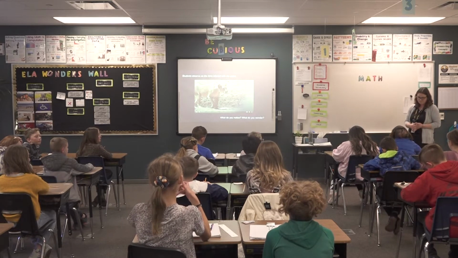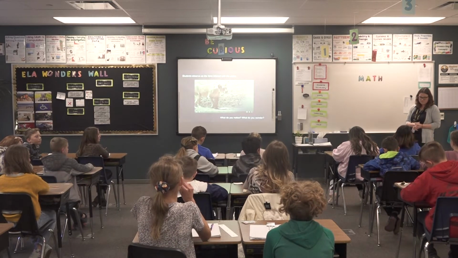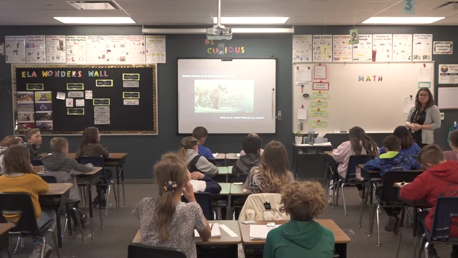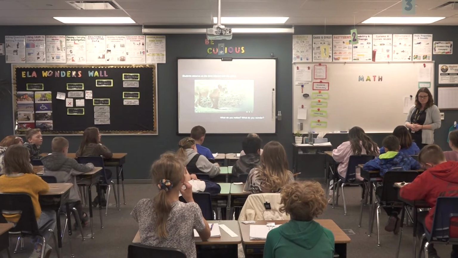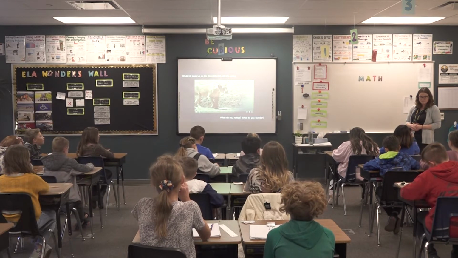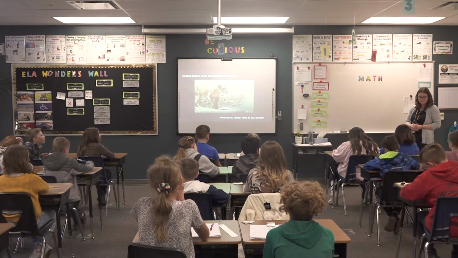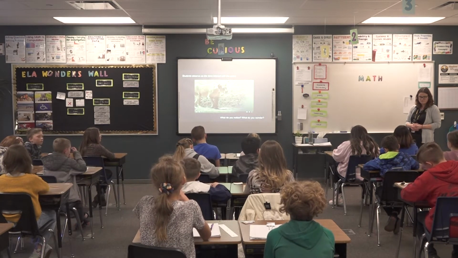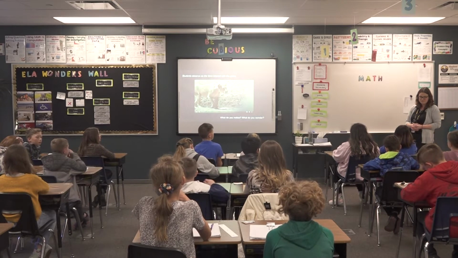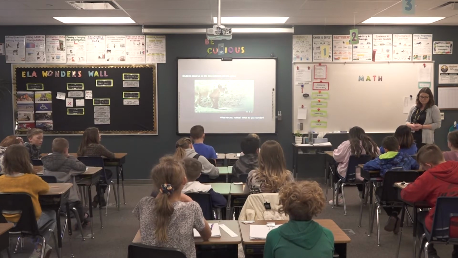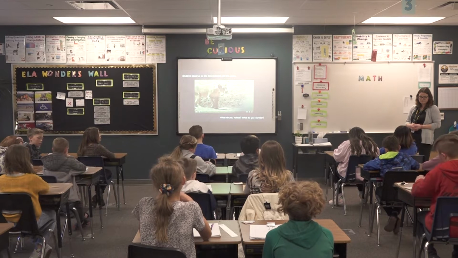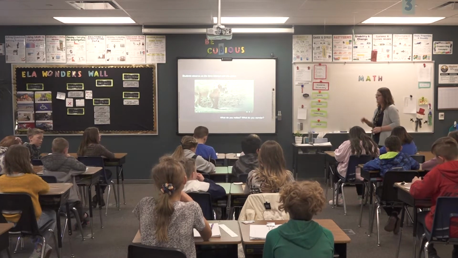So the zebra kind of made a call to see if other zebras were around, to make sure that they run. Okay. And the lion sneaked up, and when it was near the zebra a little bit, it just went fast and attacked it. Okay. Excellent. Great job explaining that.